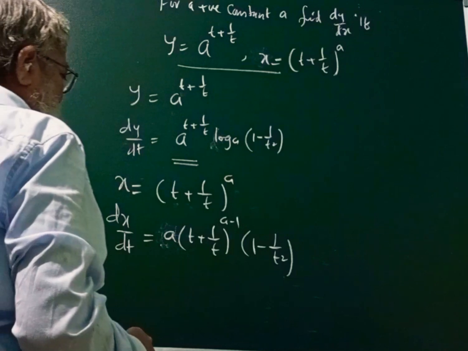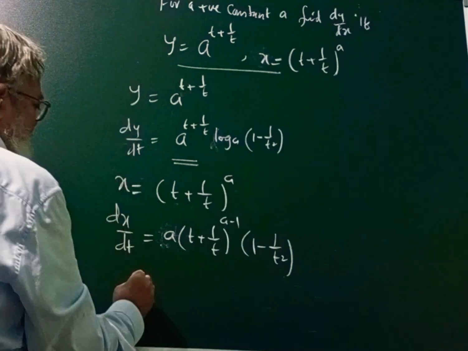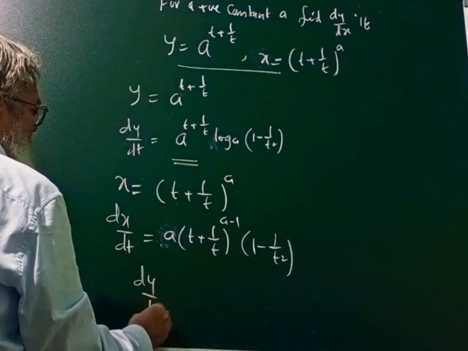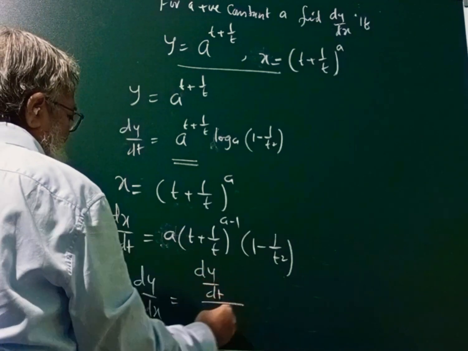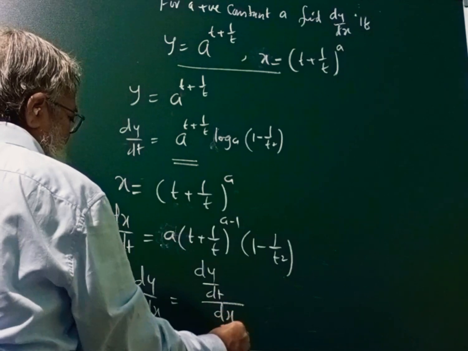Now we are required to find dy by dx. dy by dx is given by the formula dy by dt divided by dx by dt.